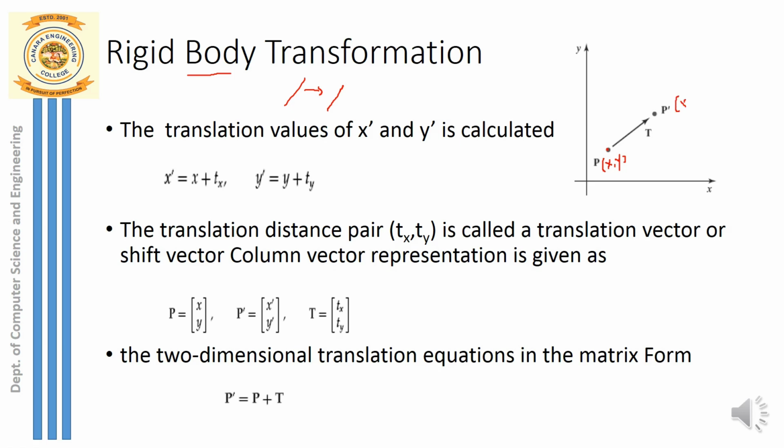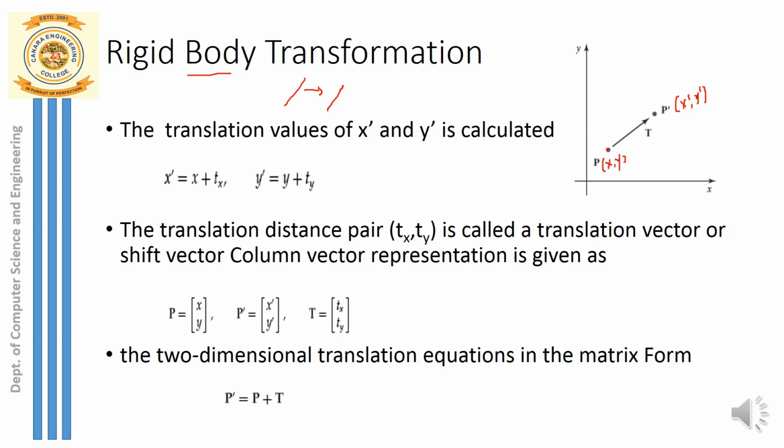The coordinates of this P dash are given by X dash and Y dash. Now let us see how to compute this P dash, or how to perform the matrix operation here.